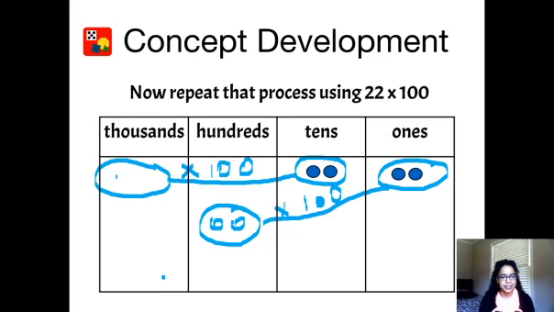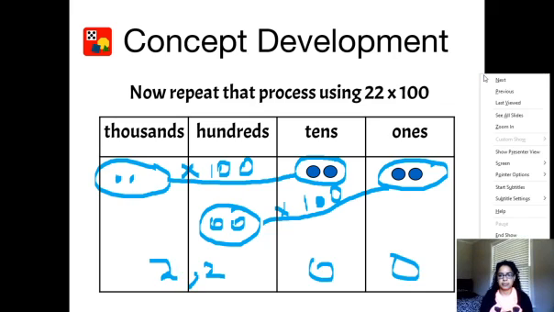So it should only be 2. Sorry. So 2,200. Supposed to be a comma. So that's what we have. 2,200.